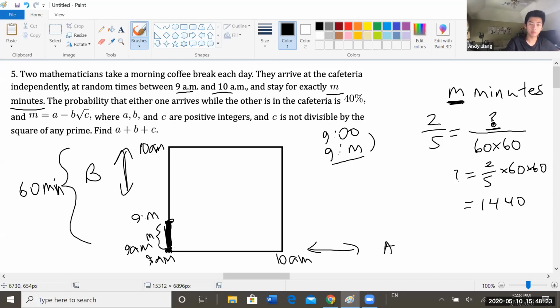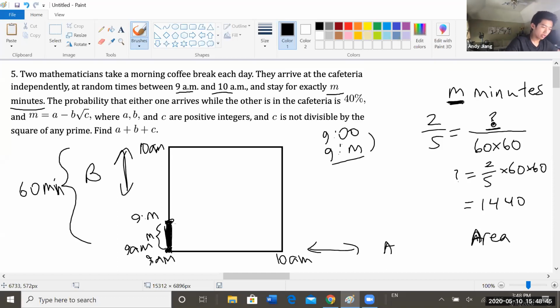Something to keep in mind is that when I'm finding area, I can think of area as the set of all points that work. And sometimes I can think of area as the sum of all the lines that work, breaking it up into little lines. So now I'm breaking up the area that works into these little lines.